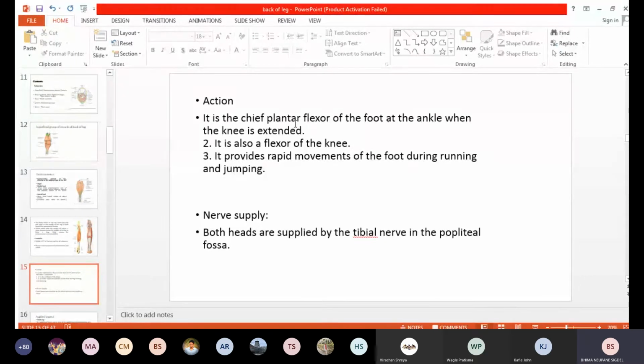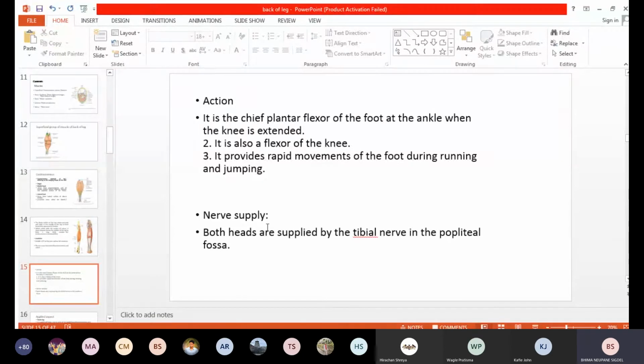These are the chief plantar flexors of the ankle joint. Because it arises from the femur, it also acts on the knee joint, so it is also a flexor of the knee joint. Along with that, they help in running and jumping, so while running and jumping the gastrocnemius muscle is also used.